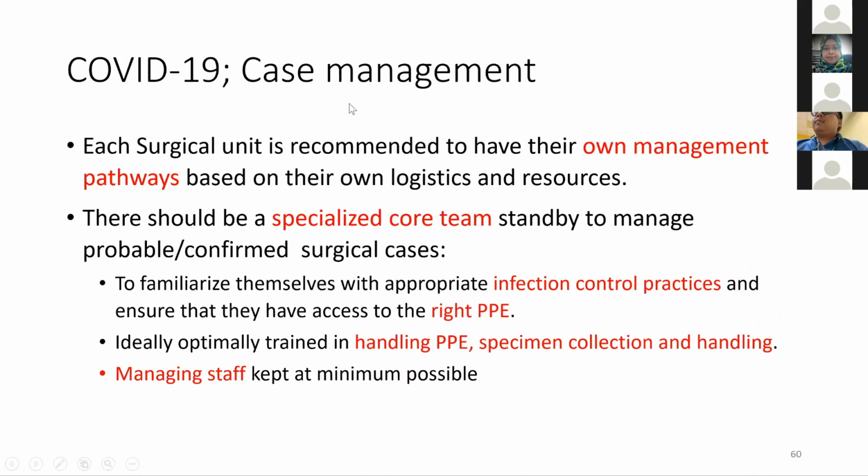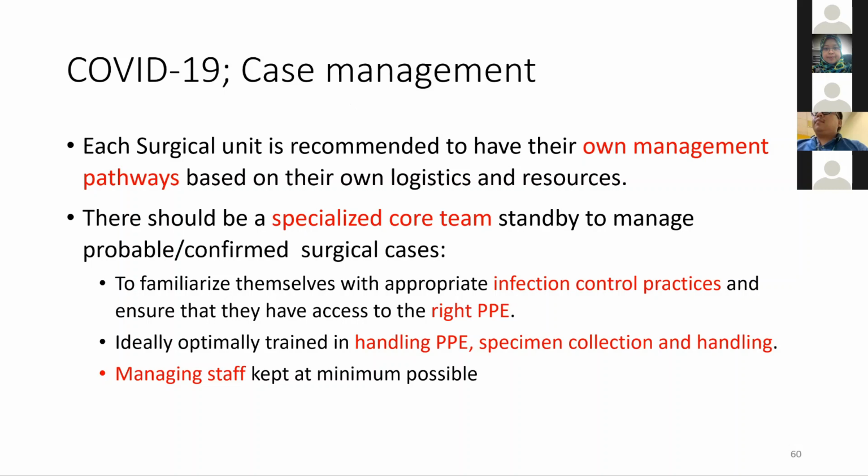For COVID-19 case management, each surgical unit is recommended to have its own management pathway based on its own logistics and resources available. There should be a specialized core team on standby to manage probable or confirmed surgical cases. This core team should familiarize themselves with infection control practices and ensure access to the right personal protective equipment.